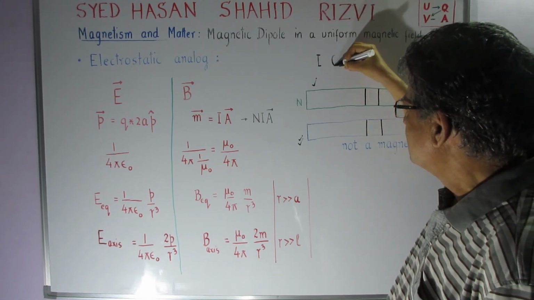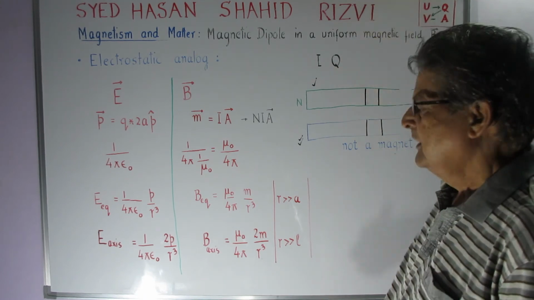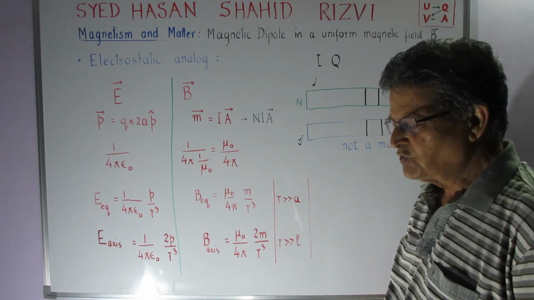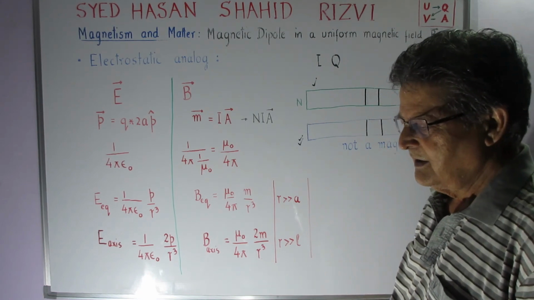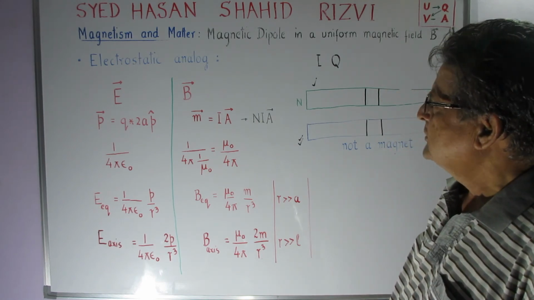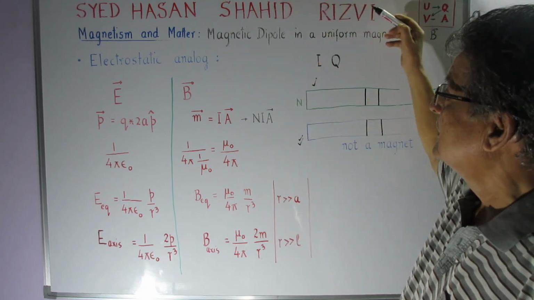One of my friends who is no more now, a very intelligent man, used to sometimes say in Hindustani, Mr. Shahid, I have 4 names.